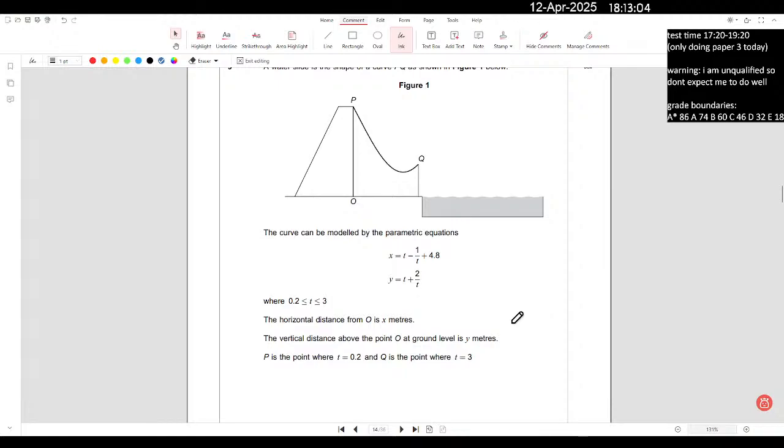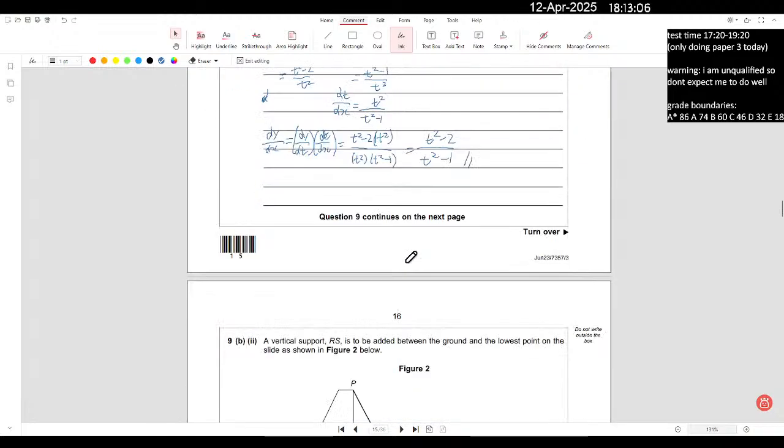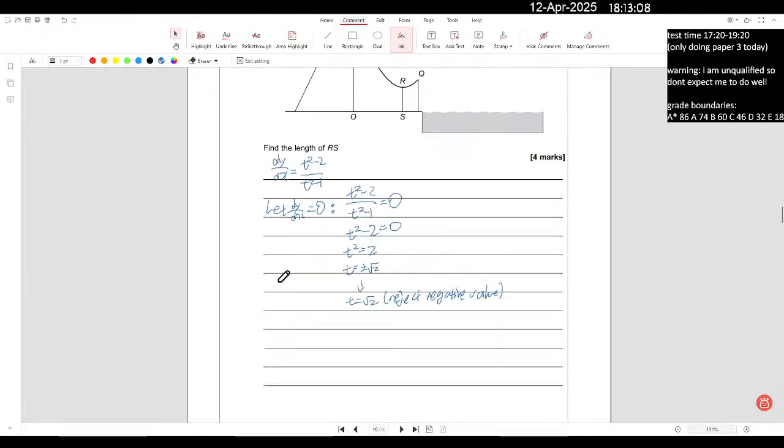Oh no, that looks about right to me actually. Okay, I think we're fine then.